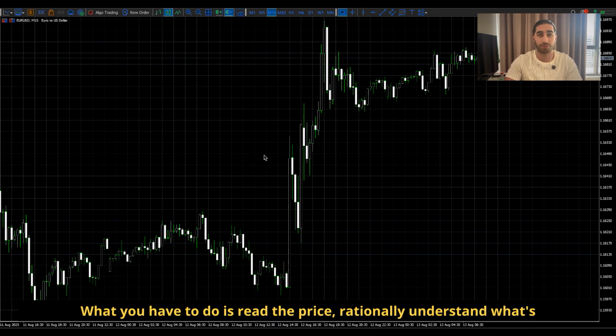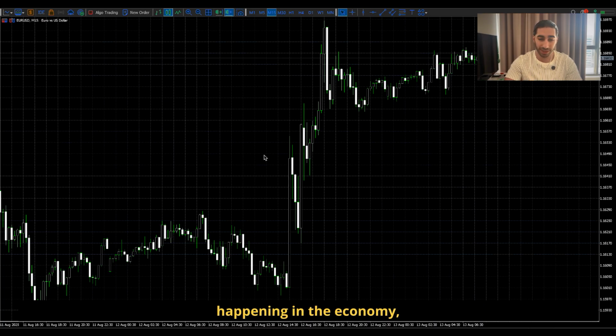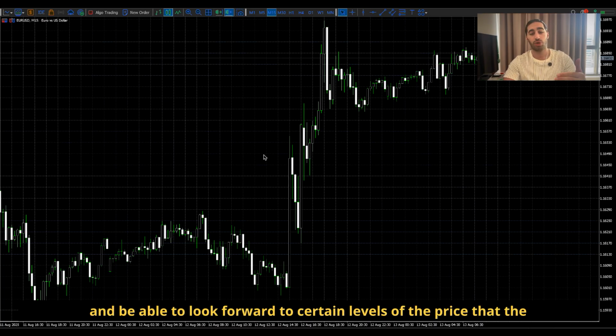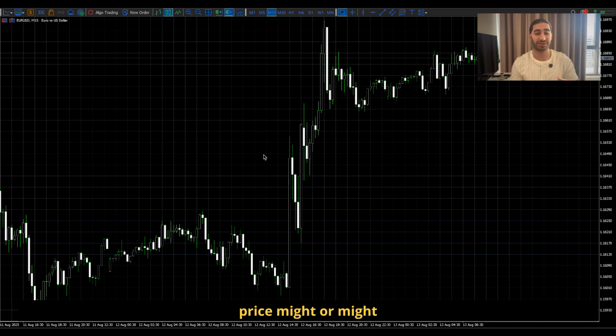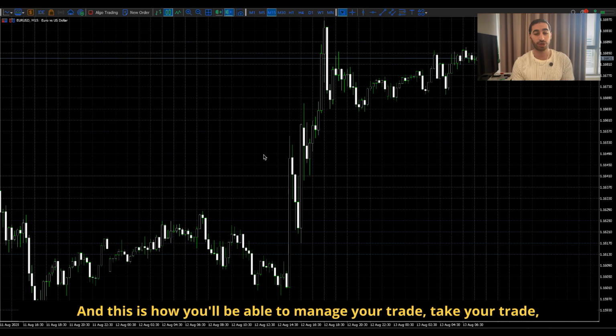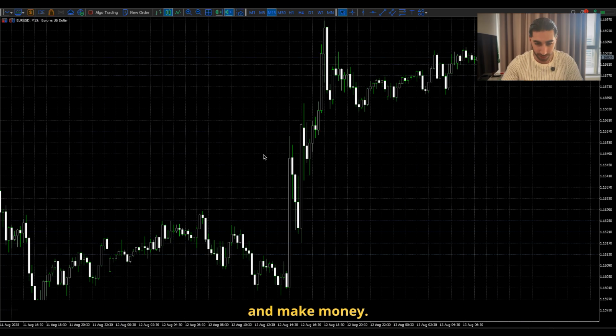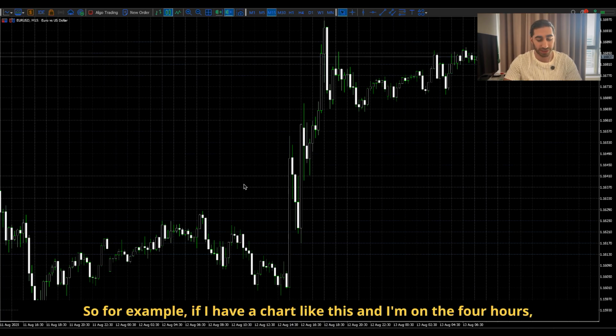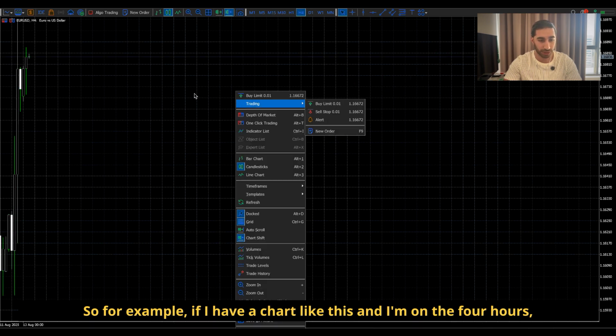What you have to do is read the price rationally, understand what's happening in the economy, and be able to look forward to certain levels of the price that the price might or might not reach. And this is how you'll be able to manage your trade, take your trade, manage your risk, and make money. So for example, if I have a chart like this, and I'm on the 4 hours, okay?